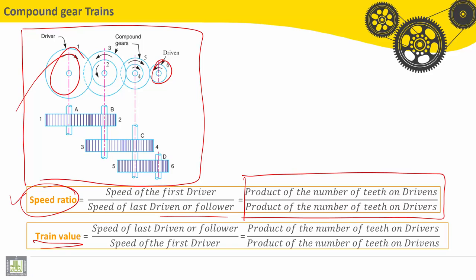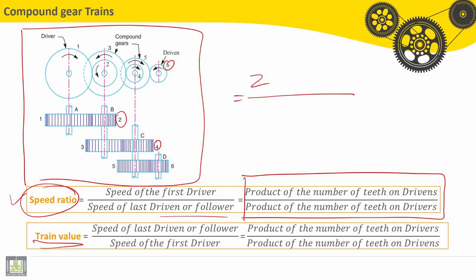So let's see here the speed ratio. For this example, it is equal to the product of the number of teeth on the driven. The driven gears here are number 6, number 4, and number 2.